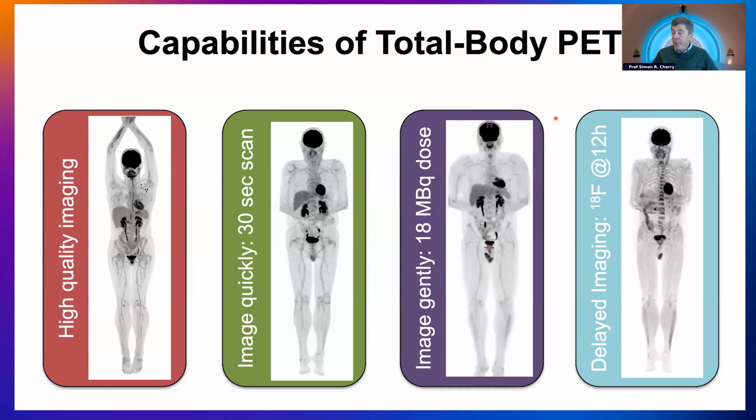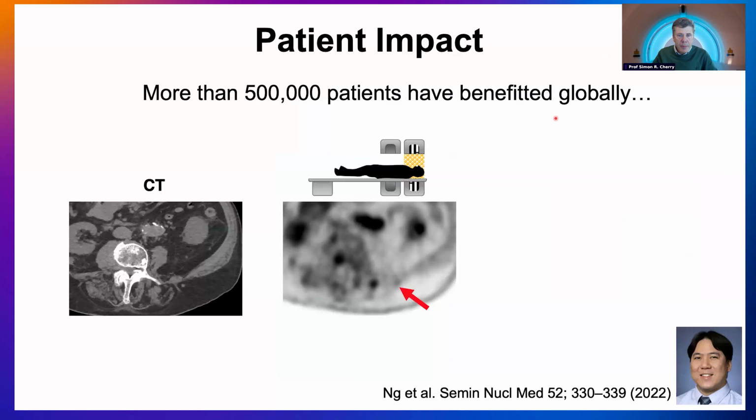So this is FDG, scanned 12 hours post-injection, so that's about 6 half-lives, and still there's enough signal here to get an image. So it's really opened up the parameter space for how we acquire our data, how we trade off imaging time, radiation dose, and image quality. And we can now tailor that to the specific clinical or research need.